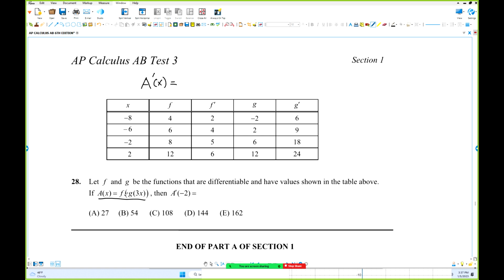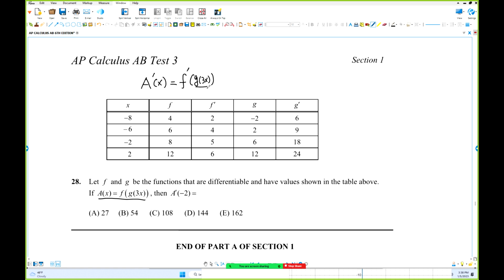Take a derivative. The derivative of this one is f prime, okay? f prime of g of 3x. That's it. But the inside is not x, it is a function of x.